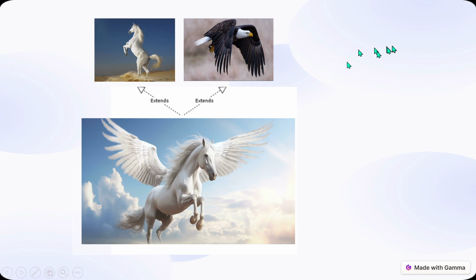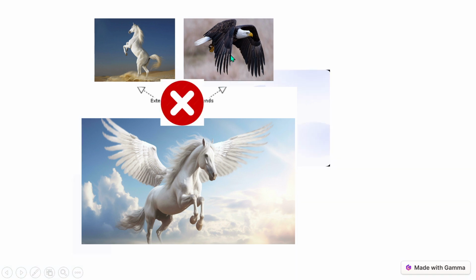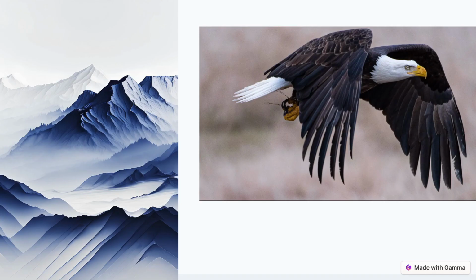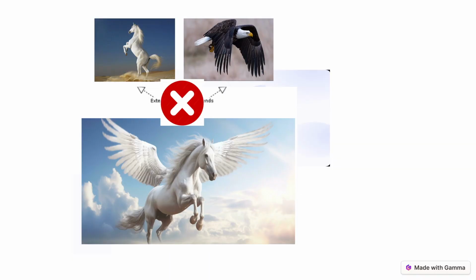It's a unicorn, right? It's not real. It's not possible. In graphics, it's possible. In real, a horse cannot fly, right? It's wrong. So Java does not support this multiple inheritance.